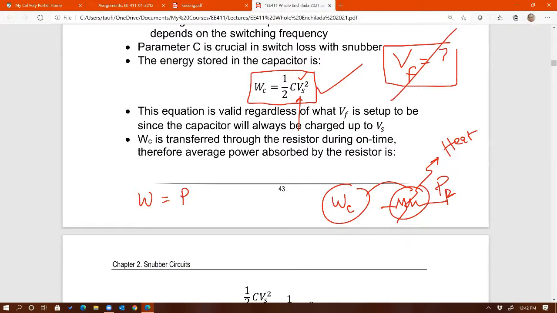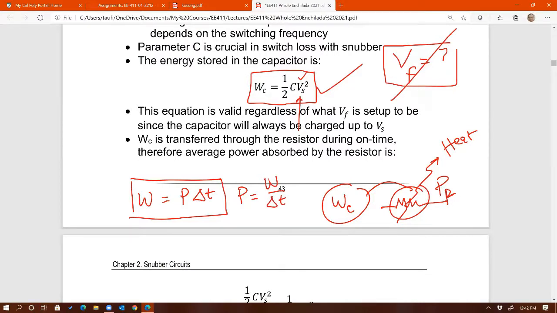Or how about W is equal to P times what? You have to have time, right? Yeah, delta T. Nick, you were right, but what we learn in physics is that energy is power with respect to time, right? So we have P delta T. Therefore, P must be equal to W over delta T.